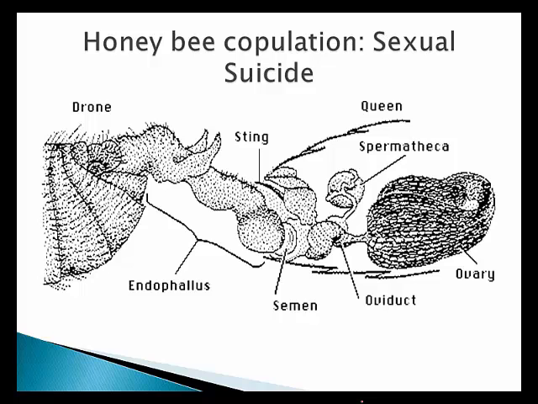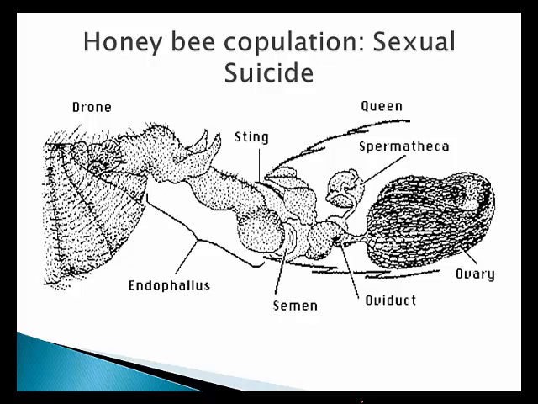So, assuming that the male is successful in depositing sperm, the queen will then store the sperm in her spermatheca internally, and she will store that sperm potentially for up to the duration of her entire life, and she will use it when necessary to produce more bees in the hive.